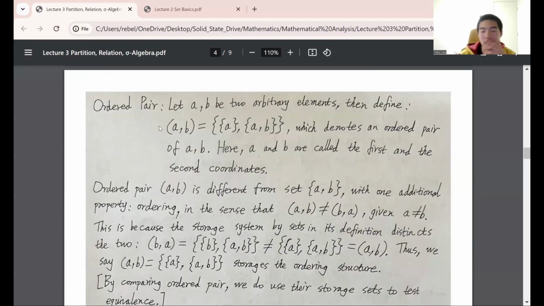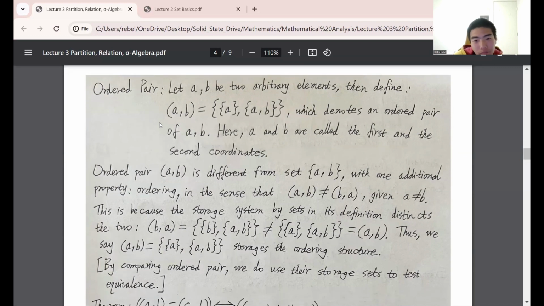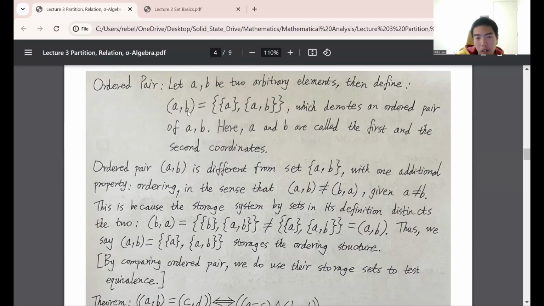But I will go to the next part, which is the relations and partitions. So first of all is the ordered pair. Well, an ordered pair is just defined by sets. So we studied sets before. We now have more features adding to the set.